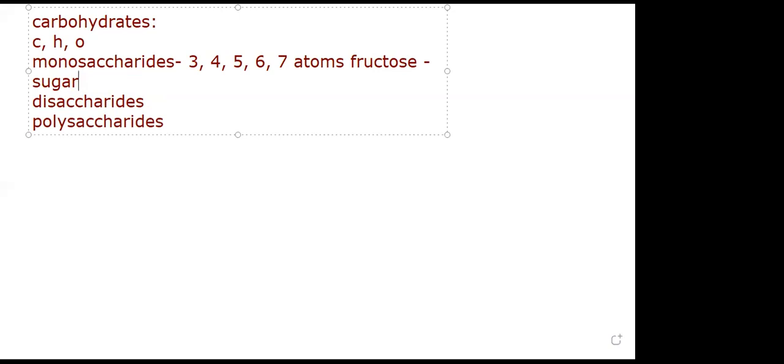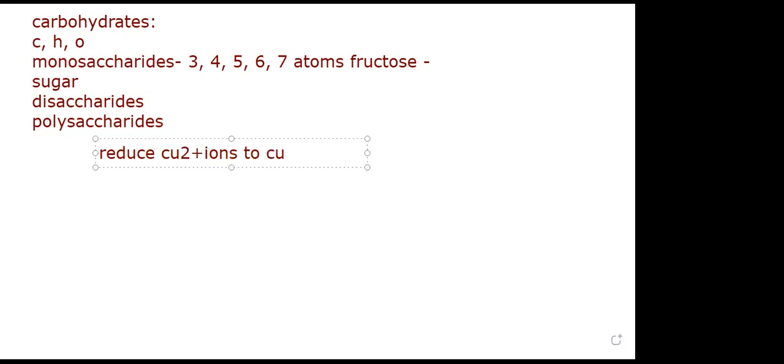Okay, so next, some of the monosaccharides have a property to reduce copper 2 plus ions to copper plus ions. They are called reducing sugars.